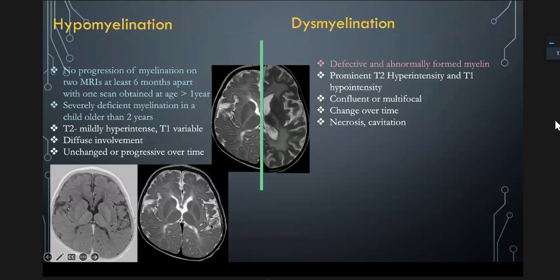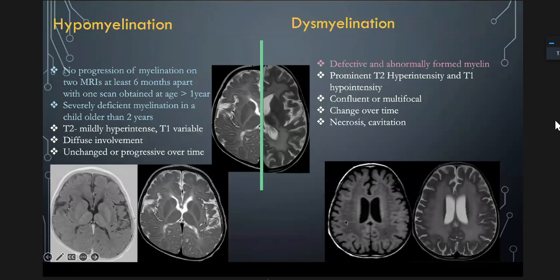So it's a hypomyelinating leukodystrophy. As compared to here, we have abnormal signal which is seen only in the periventricular and deep white matter, which is appearing hypointense on T1 weighted images and extremely hyperintense on T2 weighted images. So this is a dysmyelinating leukodystrophy.